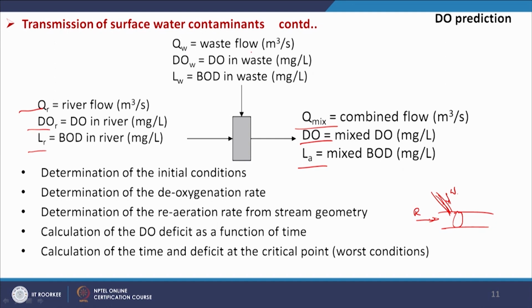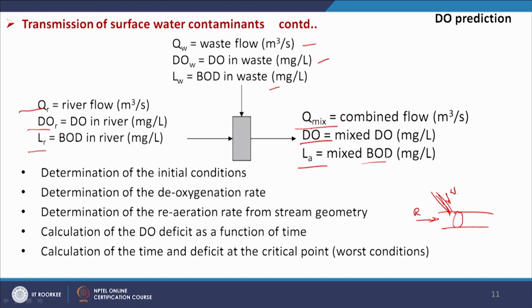Then QW is the waste flow, DOW is the DO in the waste and LW is the BOD in the waste. After this, when it mixes, we ultimately get Q mix. What is Q mix here? Q mix is equal to QW plus QR, and we can calculate the mixed DO and the mixed BOD by mass balance.